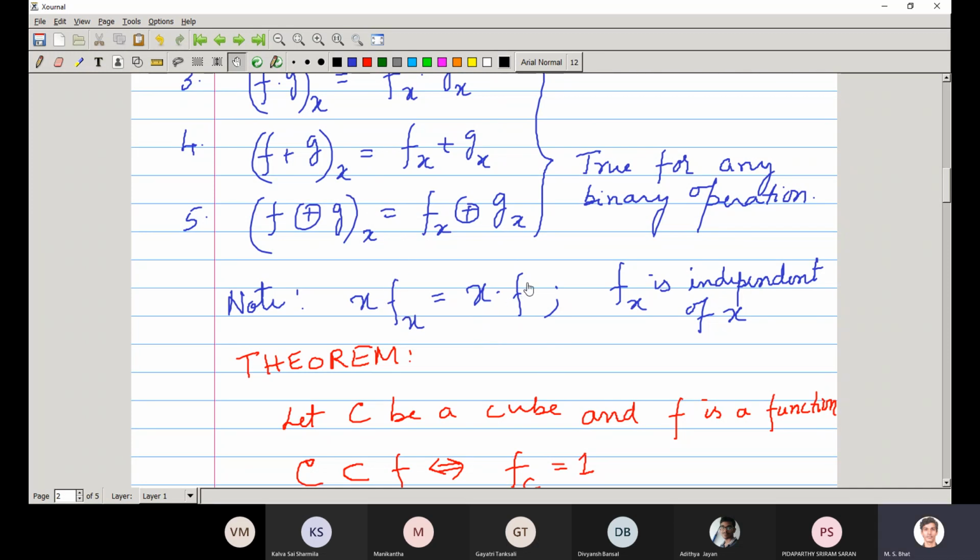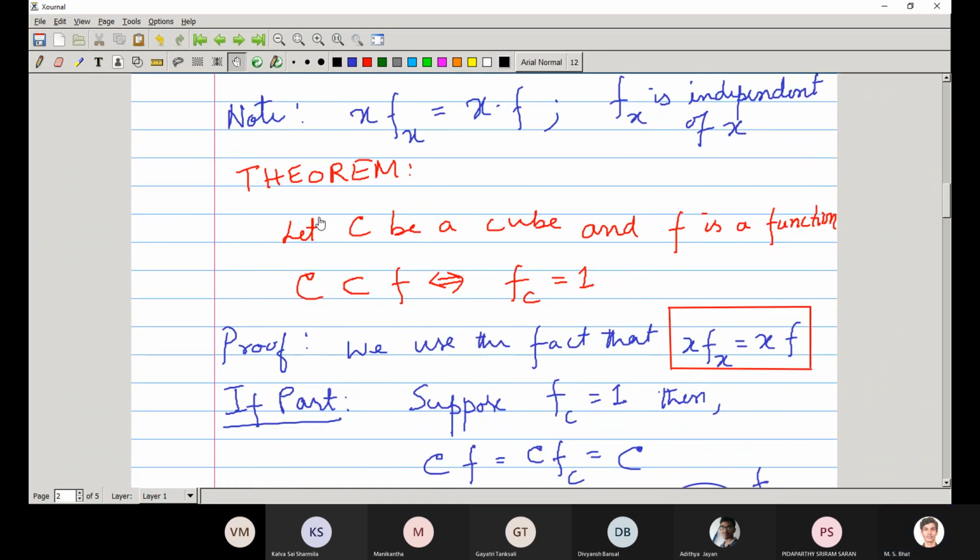So if f has a cube with x bar as one of the variables, then x into x bar vanishes. Anyway, that term will not be there in fx. So this is a very straightforward case.